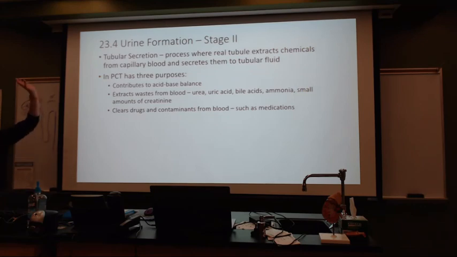Now, reabsorption. But now, wait a minute. What is this process of secretion? In my mind, secretion would be, all right, if I'm looking at my tubular system, then the cells would be secreting something. That's in my mind, okay? It's opposite.